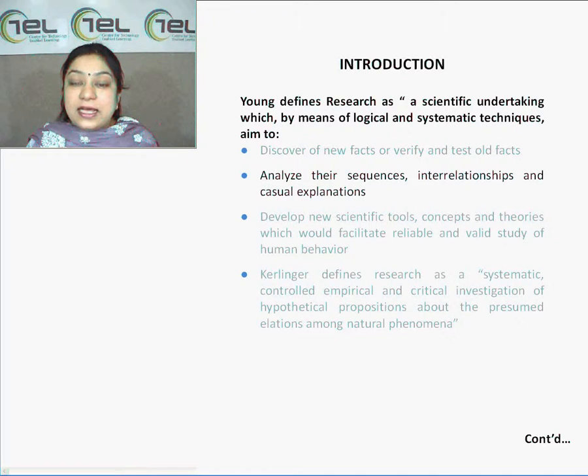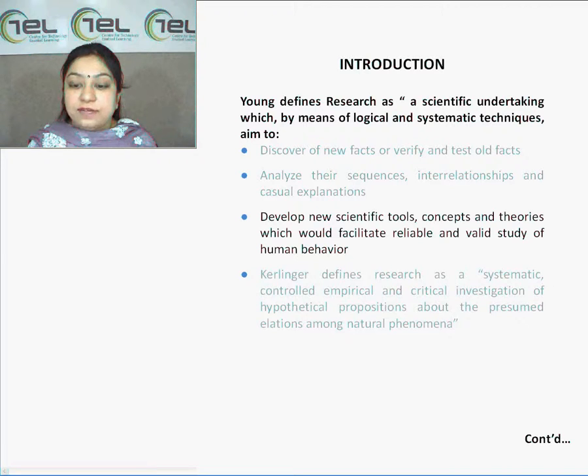Secondly, it analyzes their sequence, interrelations and causal explanation. Next, it develops new scientific tools, concepts, theories which would facilitate reliable and valid study of human behavior.